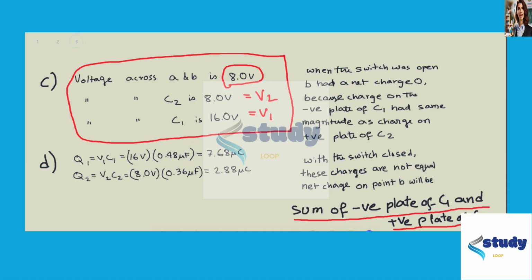And then with the switch closed, these charges are not equal, and the net charge on point B will be the sum of the negative plate of C1 plus the positive plate of C2. So for C2 we'll have the positive, and for C1 we'll have the negative.